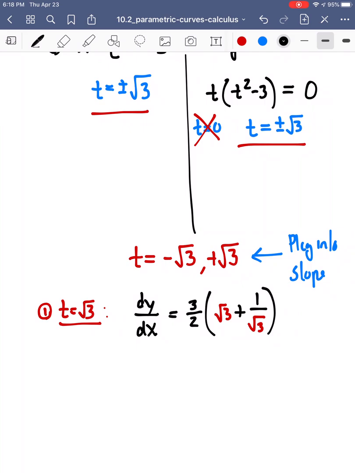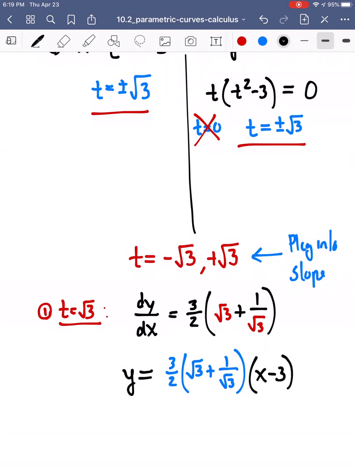So we have the slope there, and then we can just take that slope and plug it into our point slope formula. So what was previously that unknown m is now 3/2 times the square root of 3 plus 1 over the square root of 3 times the quantity x minus 3. And that is one tangent line.